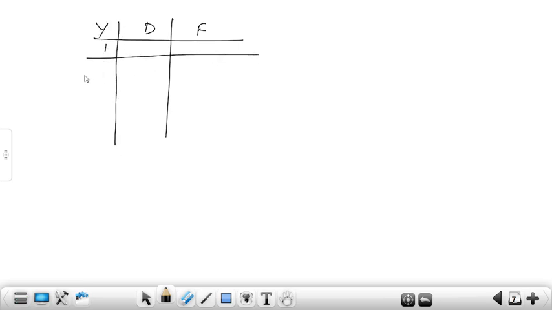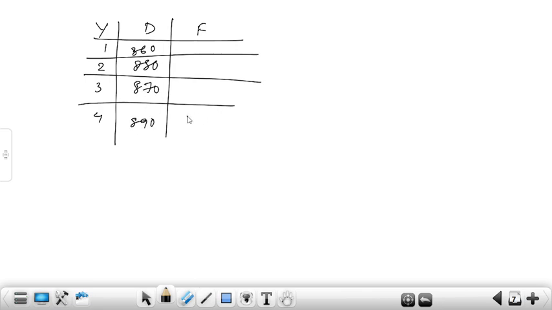This is year 1, 2, 3 and 4. So first year demand is given 860, next year 880, third year 870, fourth year 890. The forecast for the fourth year is 870.